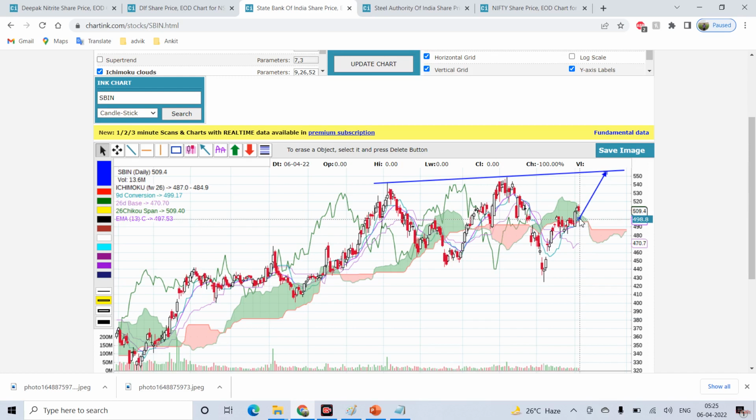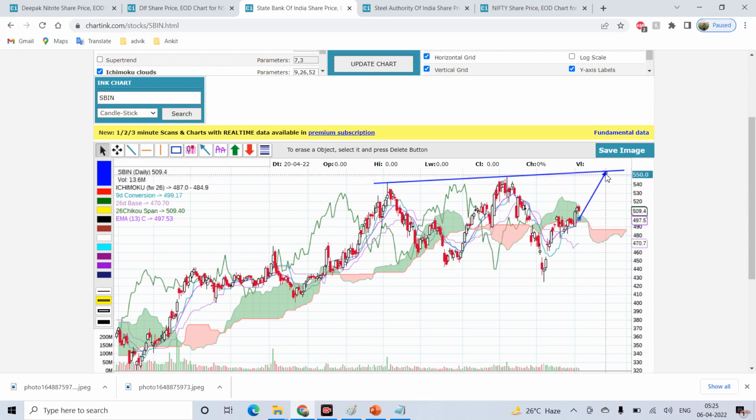So let's say 498 is the price, 2% is around 10 rupees, so 490 or 488 is the stop loss, and one can expect a target of 540 or 547 to 550, this range. So this becomes a trend where from this price it may go till 550.